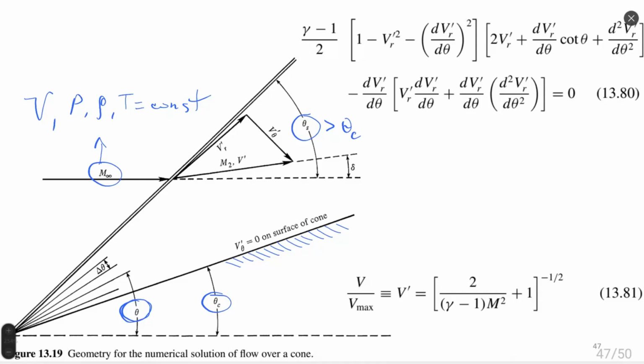So before the shock wave, all flow properties are constant, and flow, of course, is also isentropic. After the shock wave, flow is also isentropic, and just on the shock wave, flow is non-isentropic, just on the shock wave transition.